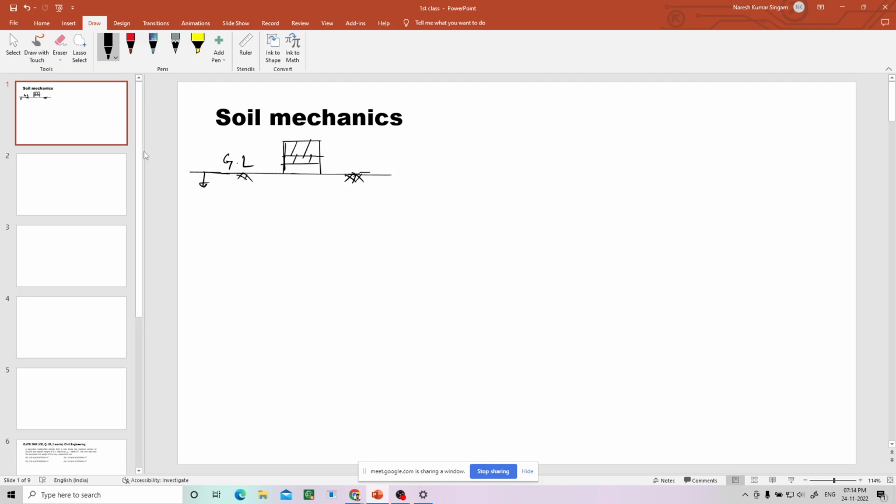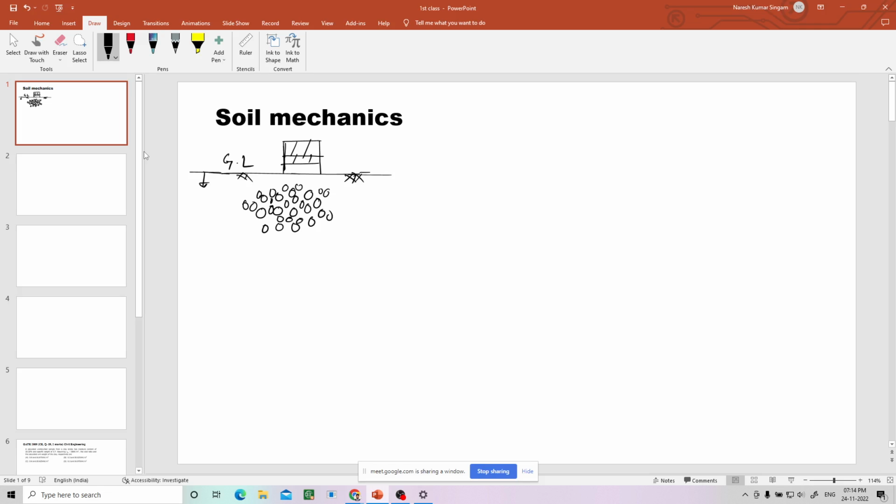Now if I zoom in on the soil particles, they may not be exactly round. So like this. I just zoomed in on all this.